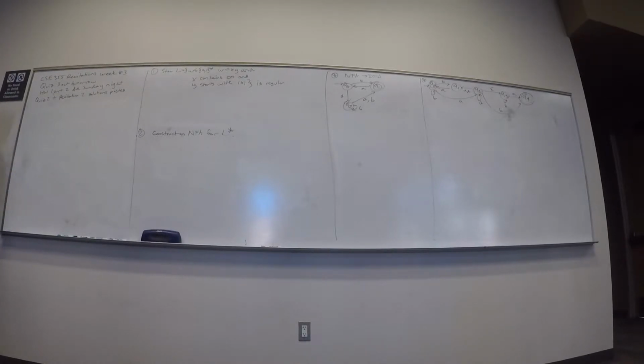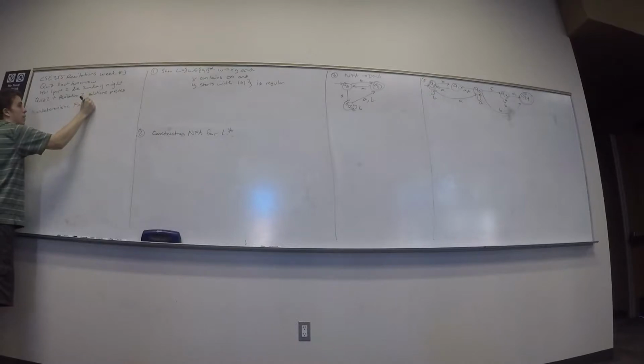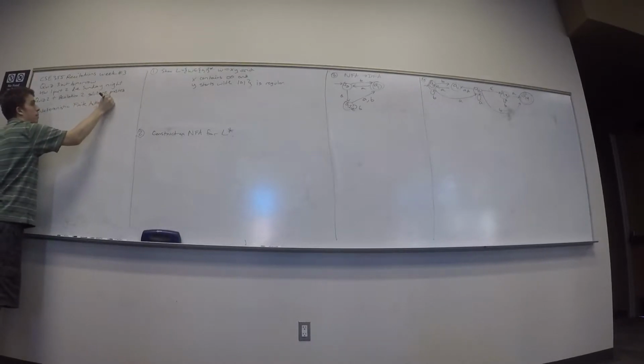So, what was the major thing that we talked about last week in lecture? Converting NFAs to DFAs. Yeah, these NFA things. So, what is an NFA? Non-deterministic finite automata.